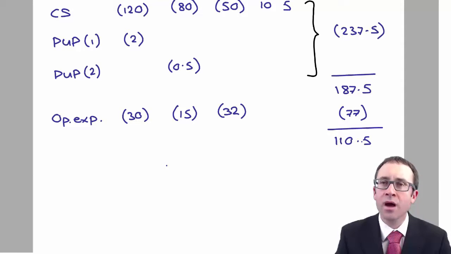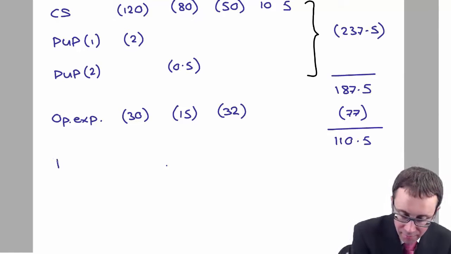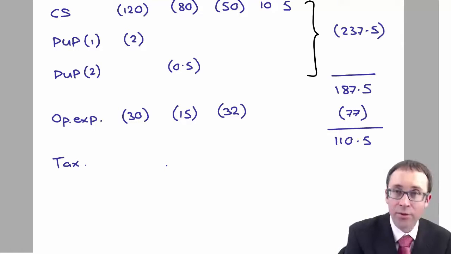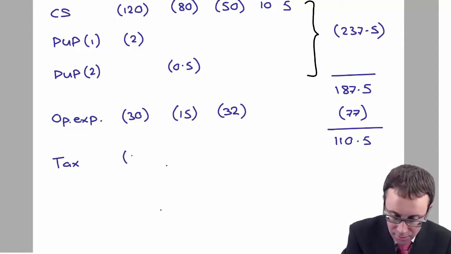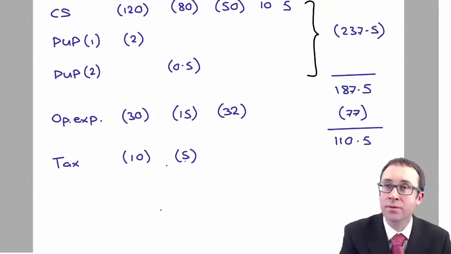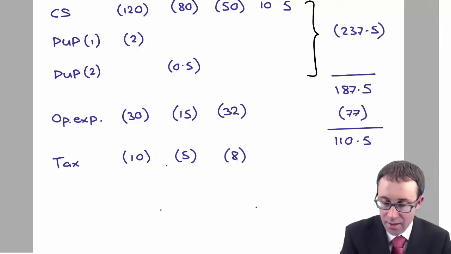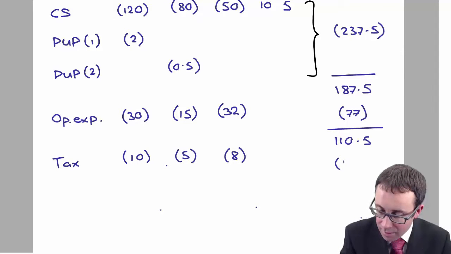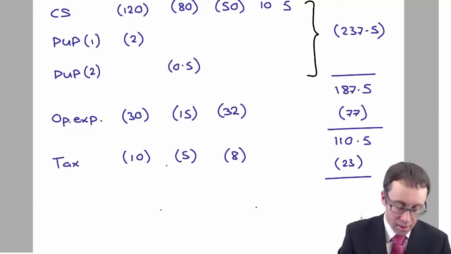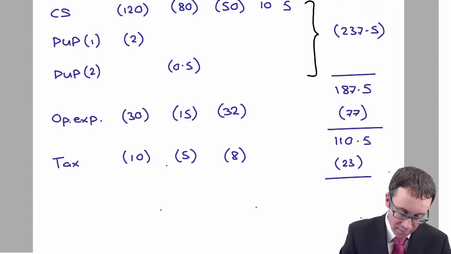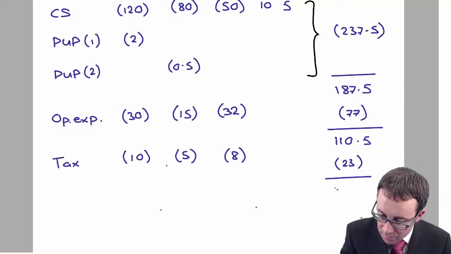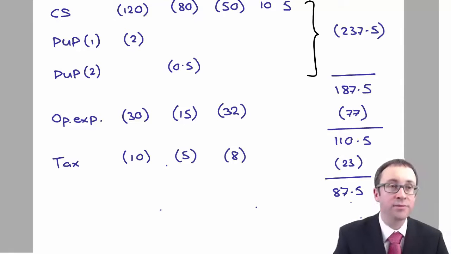Which gives me operating profit of 110.5. Next line item that you have is your tax. So is that 10, 6 twelfths of Glasgow is 5, and then the 8. 8 and 5 is 13, 10 is that 23. 110.5 less 23 gives me 87.5.